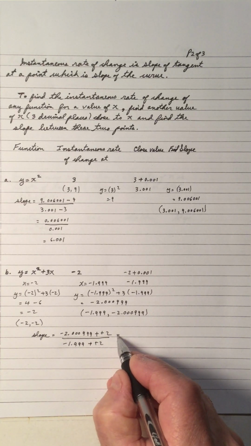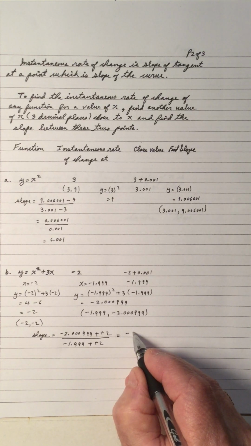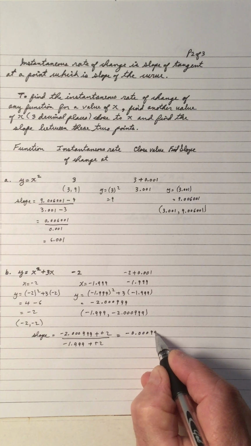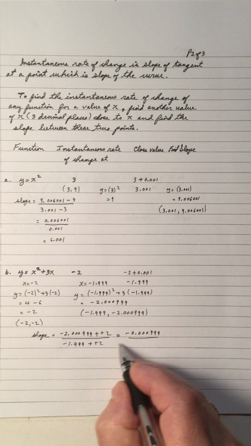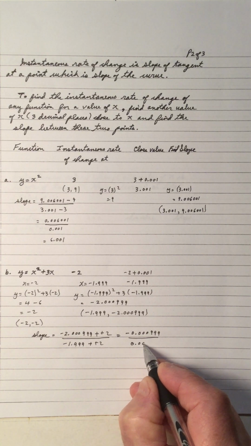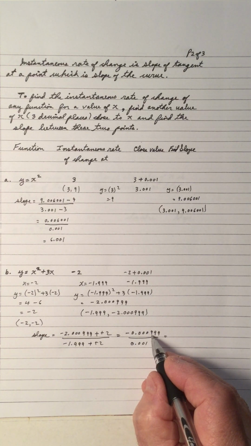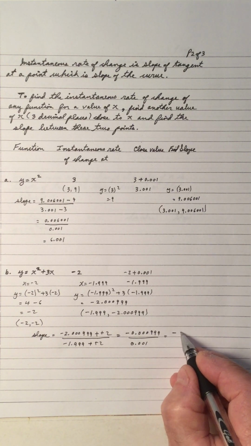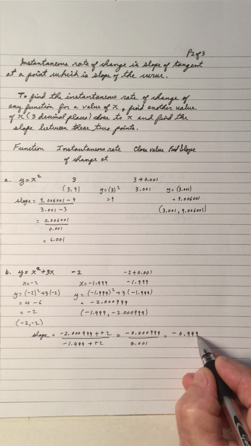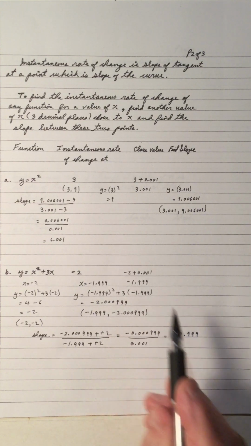When you work that out, you'll get negative 0.000999 on top. Adding these up, you get 0.001. And when you divide, moving 3 decimal places, you'll get negative 0.999.